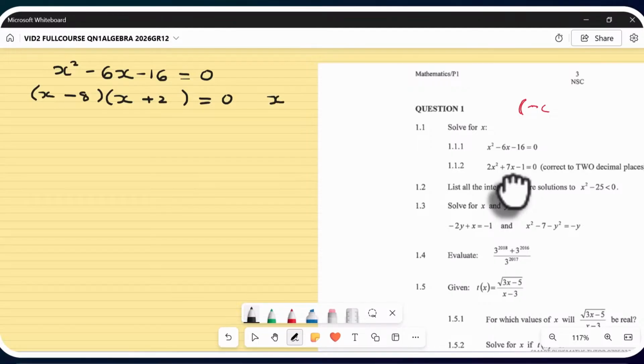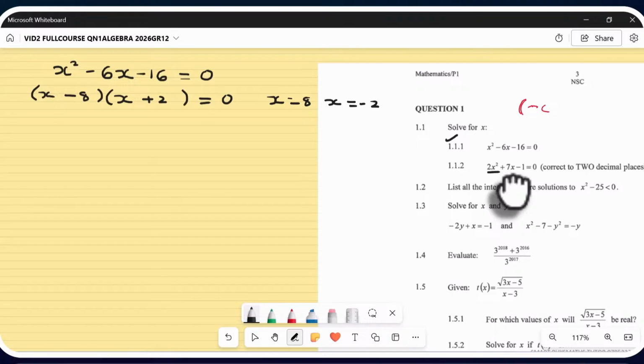Hope we get that. Next question, solve for x: 2x squared minus 7x minus 1 equals 0. And the moment they say they want the answer to two decimal places, we said you must use the quadratic formula.